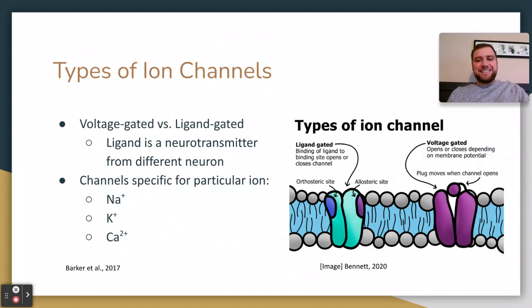Compare that to a ligand gated channel, where it's not the membrane potential that matters, it's whether or not there's the binding of the ligand or a signaling molecule to this protein channel. When the ligand binds, this channel will have a conformation change and it will open, allowing for ions to pass through it.